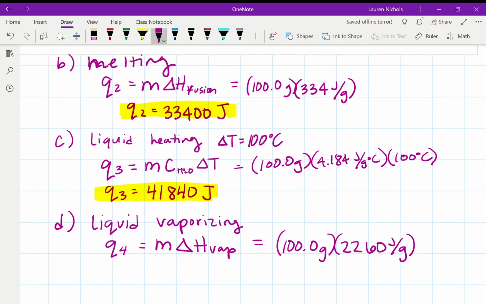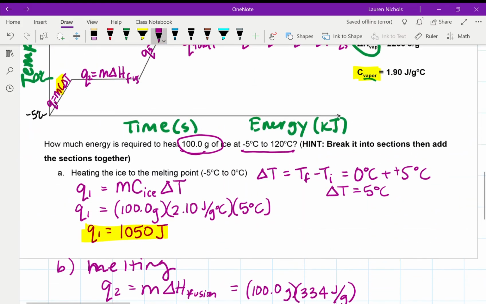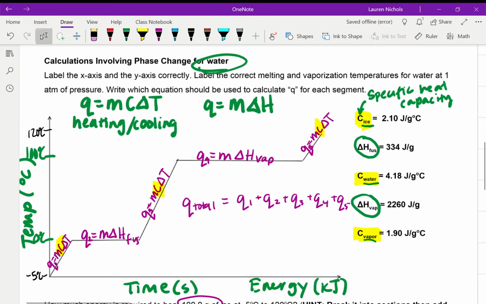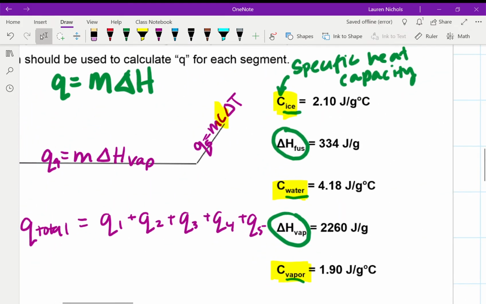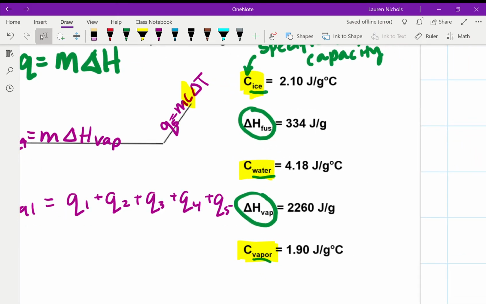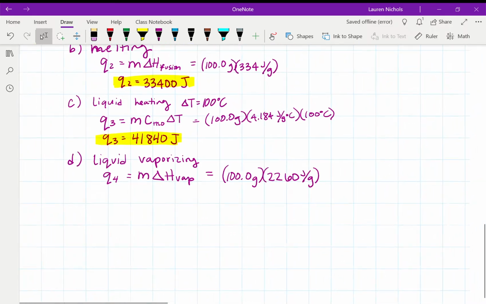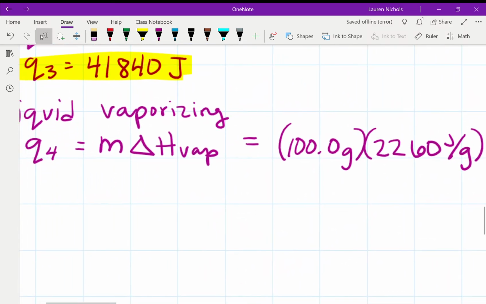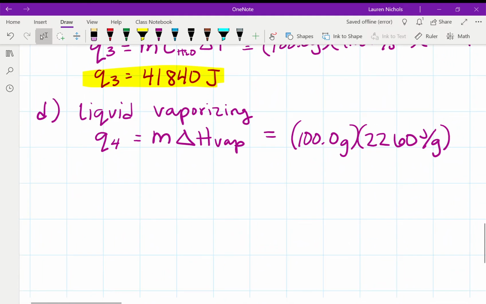And remember, we're getting our delta H of vaporization right here on our graph. We're not memorizing these numbers. You will be given them in a problem if you need them. So when we multiply all of this, Q4 is equal to 226,000 joules. So that's our answer for Q4.